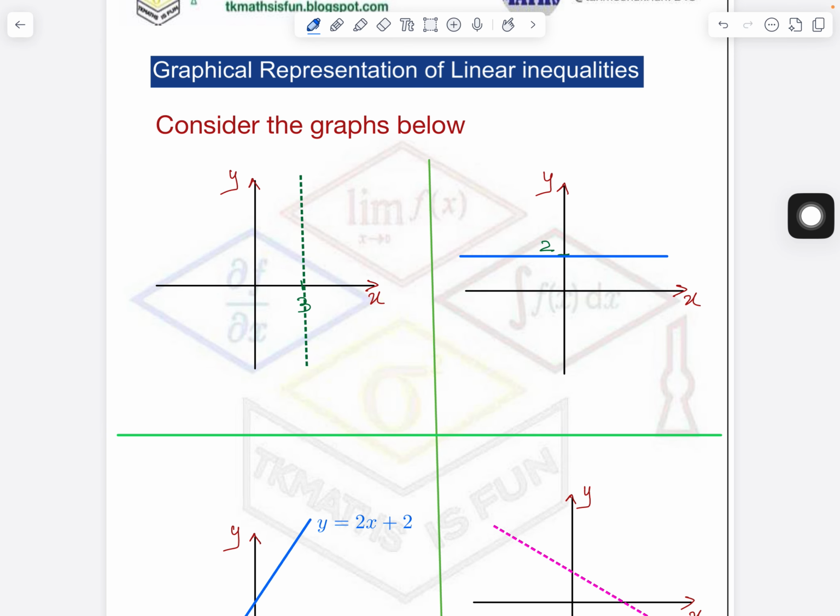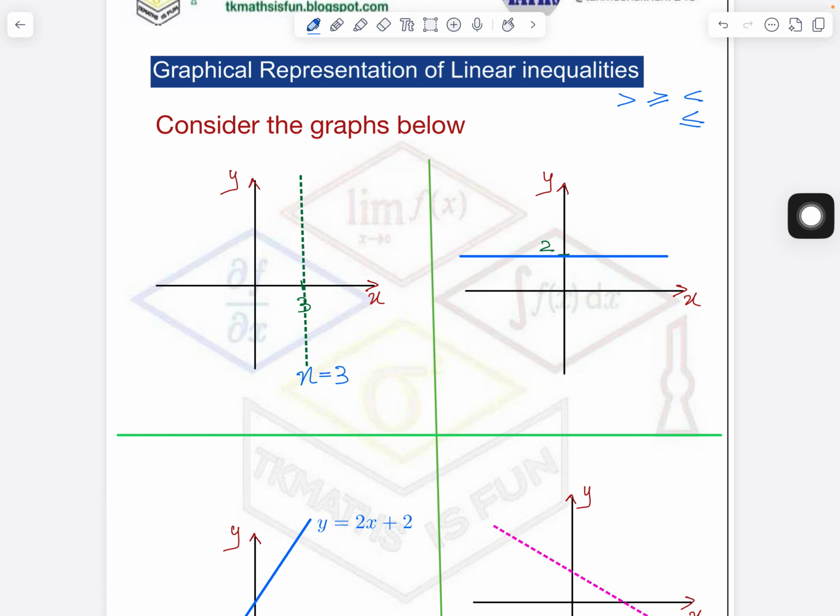Now we are coming to linear inequalities. You know the inequality symbols are these: greater than, greater than or equal to, less than, and less than or equal to. These are 4 inequality symbols. So for example, if you see the first one, the dotted line is x equals 3. This is a vertical line passing through 3 on the x-axis.